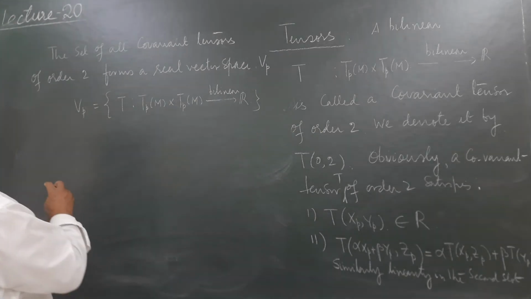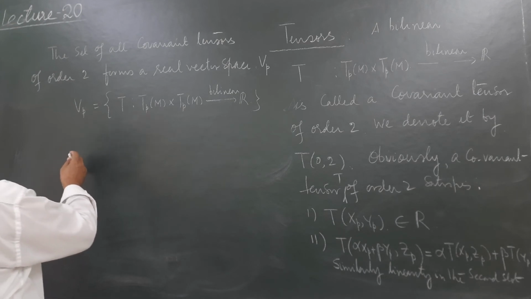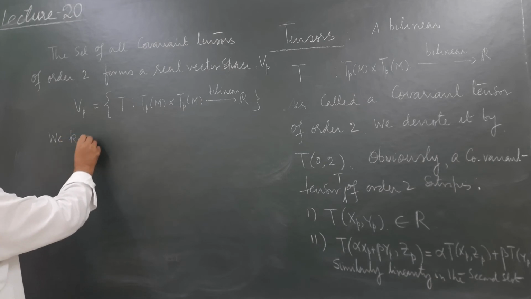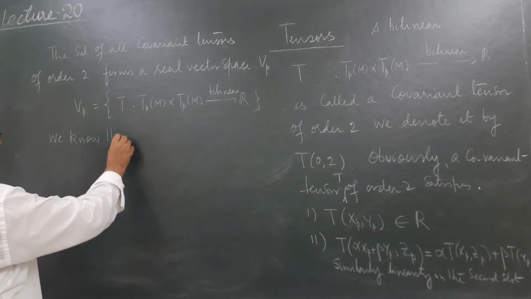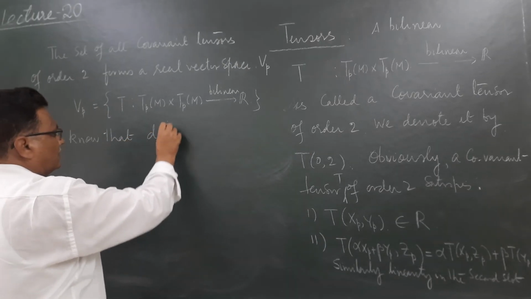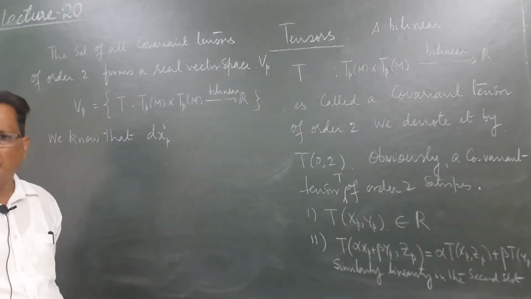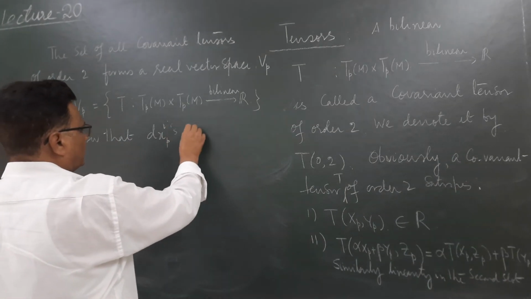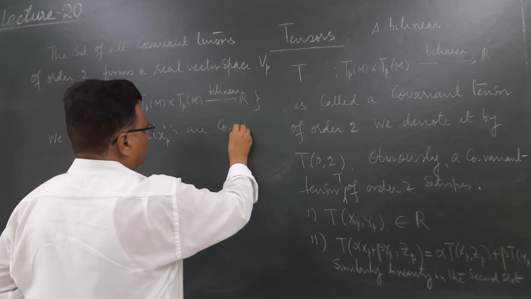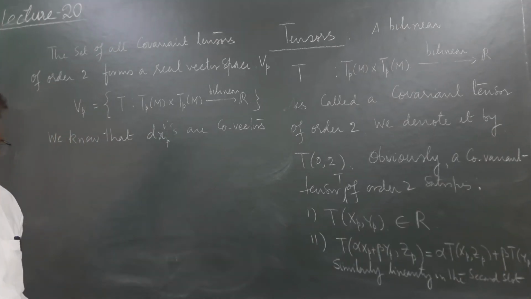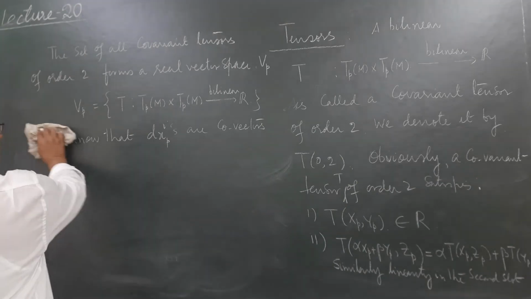So we know that dxi's at P are covectors. एक चीज़ इससे पहले मैं एक चीज़ और कर लूँ, उसके बाद I will come to this point.